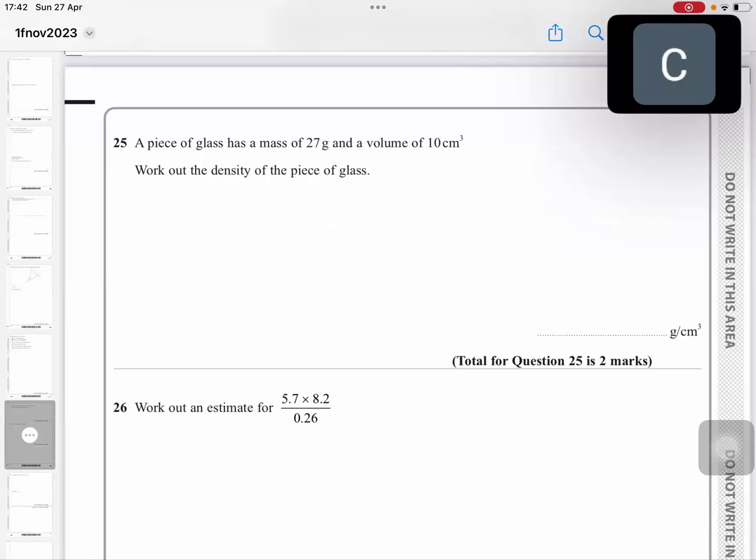So that's as easy as 27 divided by 10. Without writing anything down, off the top of your head, what's 27 divided by 10?